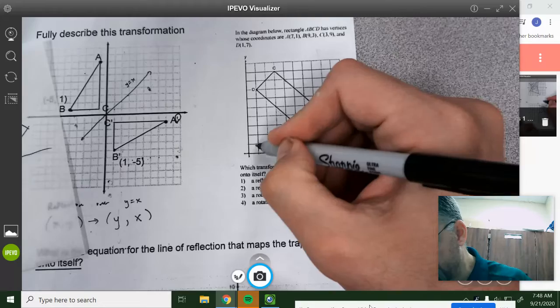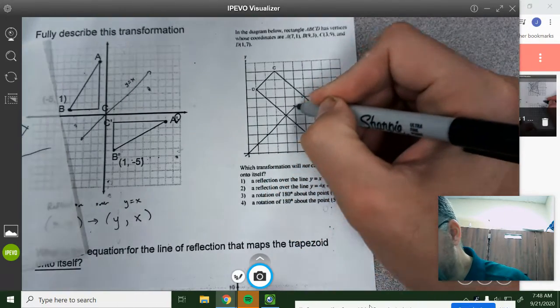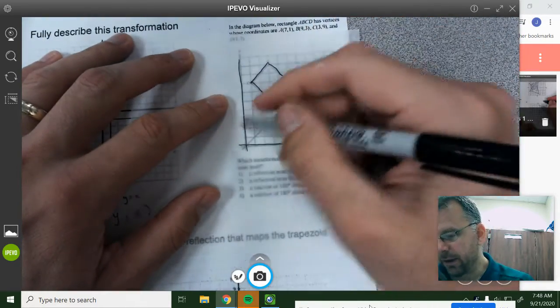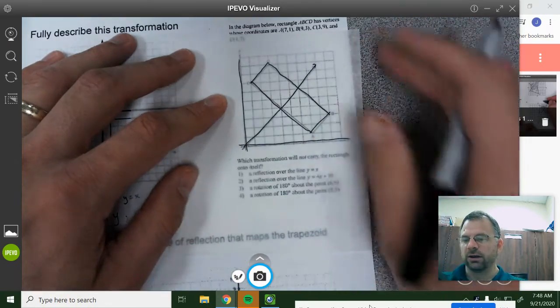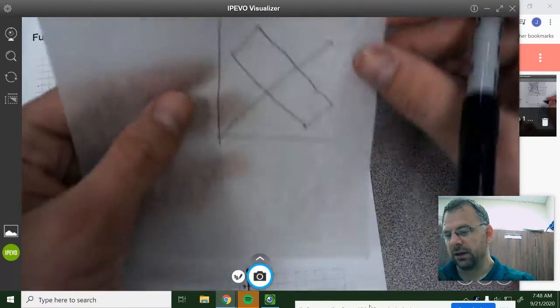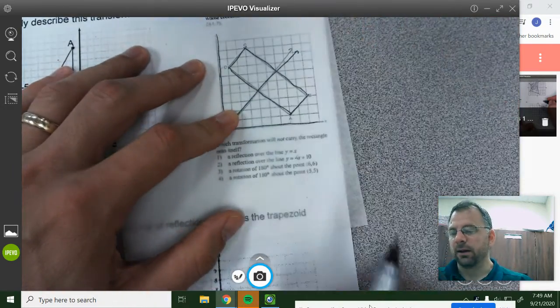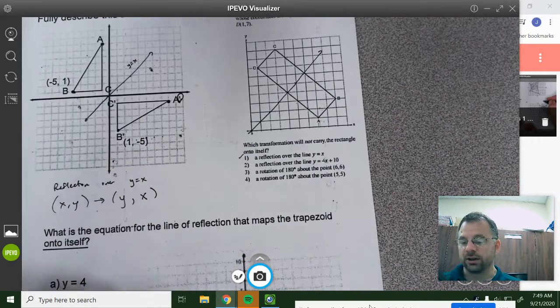Well, let's see where that is. That's right here. The line y equals x goes just like that. I'll draw that line in here and see if I reflect it over that line, do I get the exact same thing? Does it reflect onto itself? Let's see. Flip over that line, and I got the same thing. So reflection along the line y equals x does carry it onto itself.